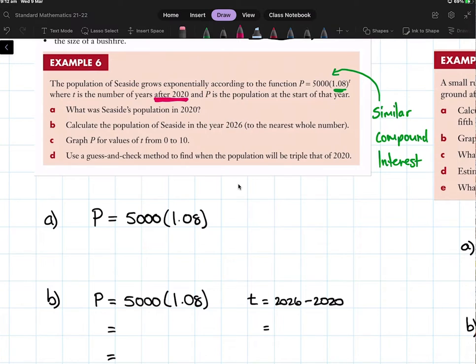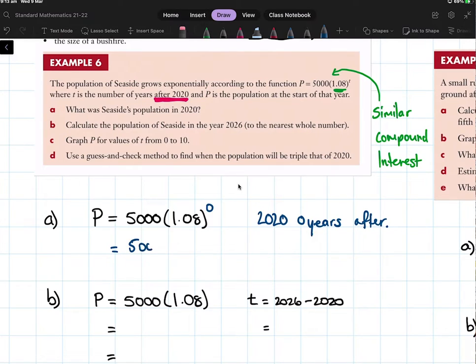So our first question here is, what was Seaside's population in 2020? Well, 2020 is just 0 years after 2020, so our power is going to be the power of 0. And remember, anything to the power of 0 becomes 1.